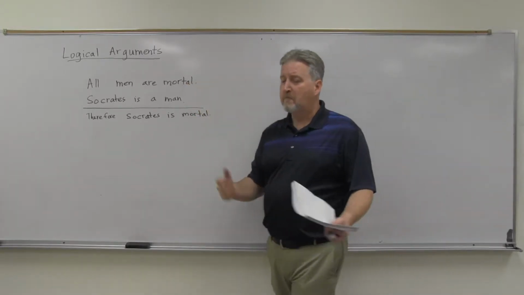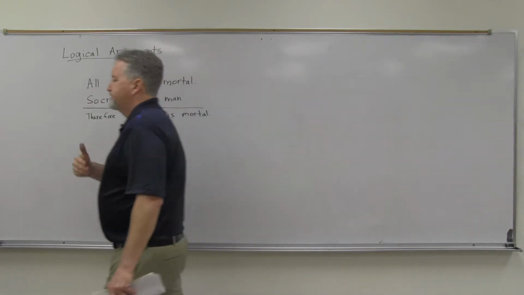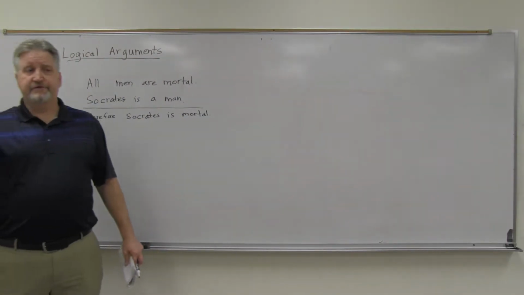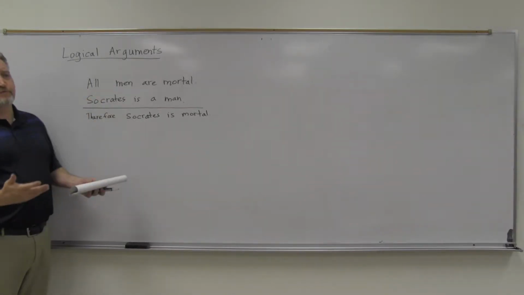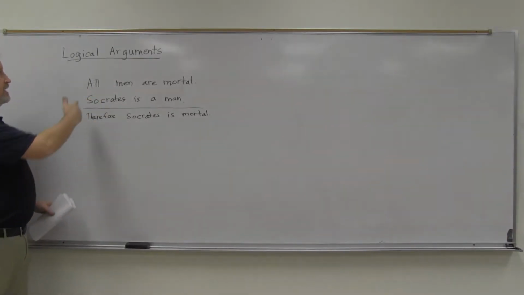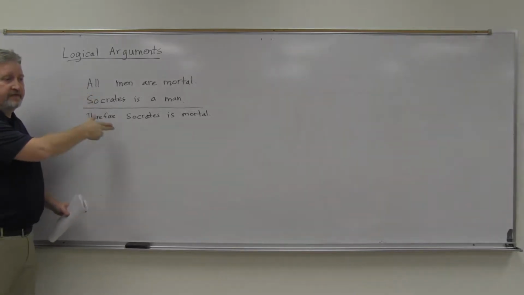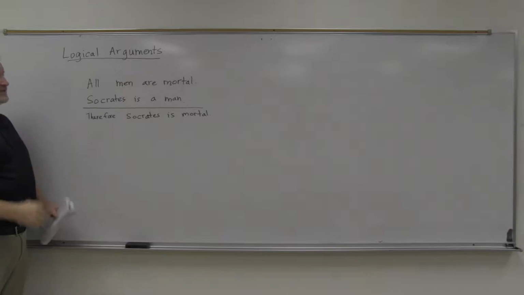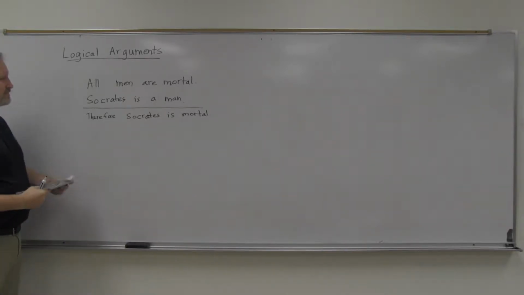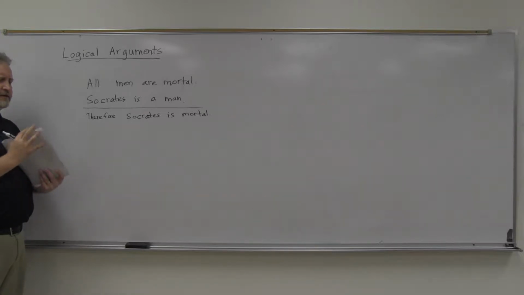This one has two. Most of the ones that we work at first are going to have two statements and then a conclusion. You can have more than two before your conclusion, but this is a good example. You may have seen this before, but this is what a logical argument looks like.